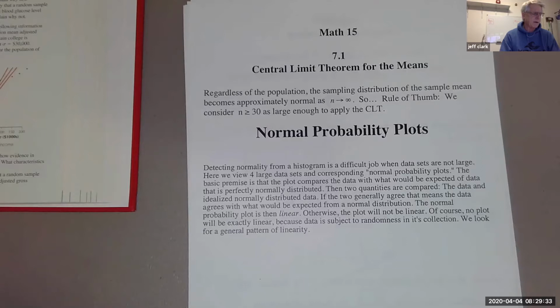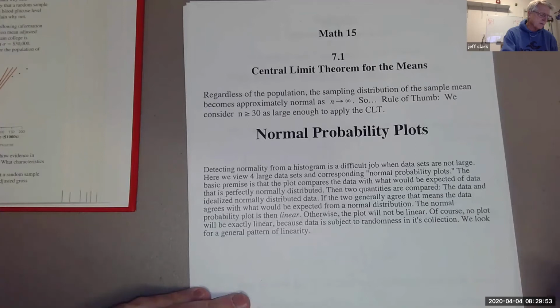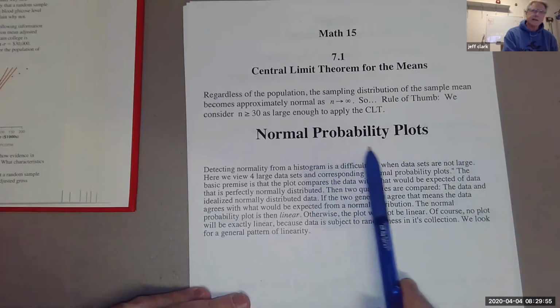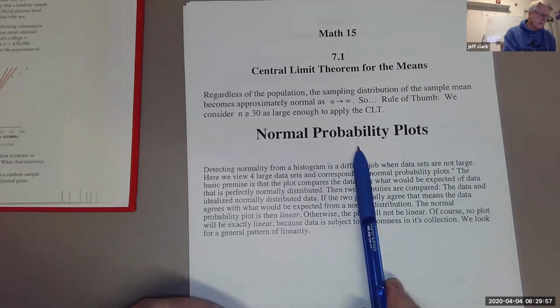We don't know if it's normal or not, because the raw data was only 5 data values. Because it's not more than 30, you couldn't move forward with the normal because it didn't say normal. So we don't know if it's even approximately normal. Probability plots are going to help guide you with that.